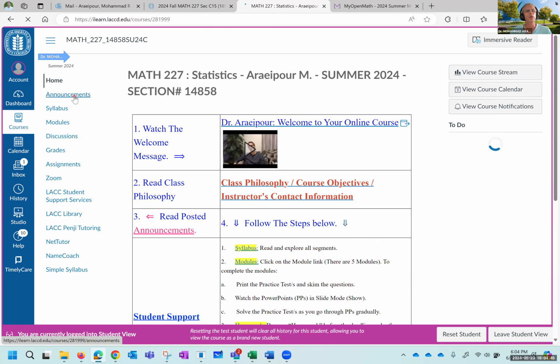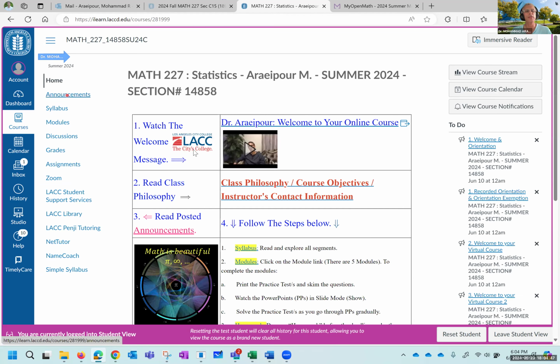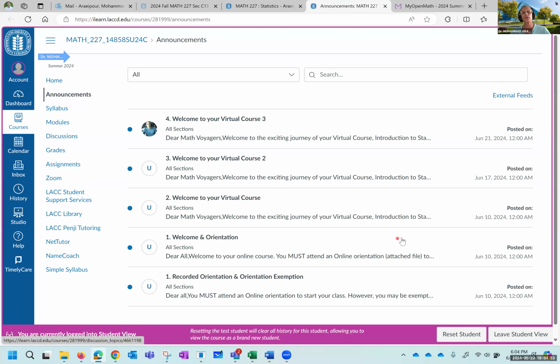Whether you click on the announcements on the left navigation bar or here makes no difference. It takes you to the announcements. These are the announcements that on a normal basis are sent to students. Most of the emails that I send are through announcements. If you miss them, you can come here and check them out.